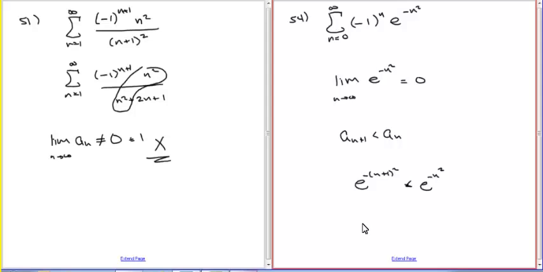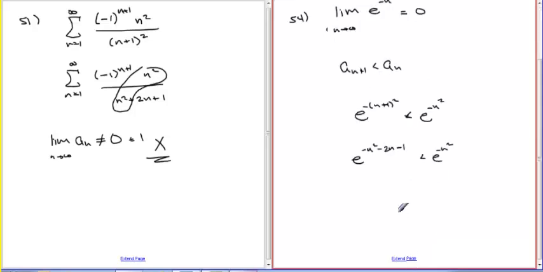You'd multiply the whole thing out, and you get e to the n squared minus 2n minus 1. And then you can break up and take the limit of individual terms, and these cancel out.